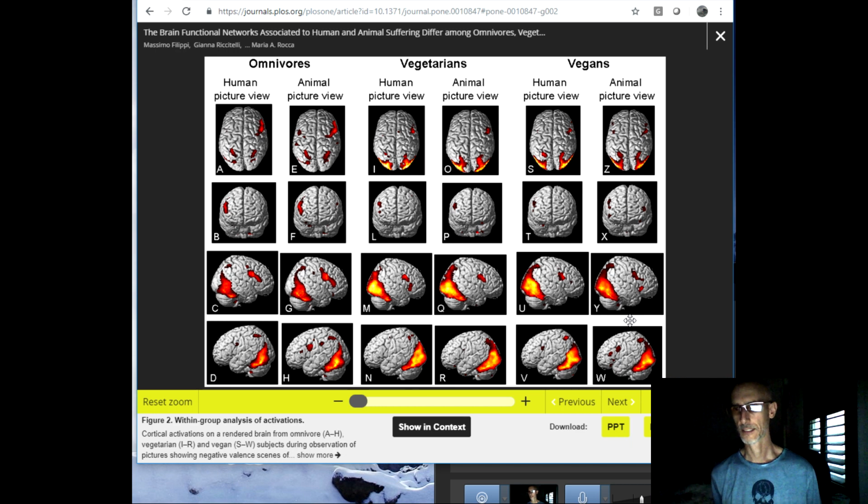You see that pretty much those areas that light up when humans are viewing other humans in distress and empathizing with them, because we're looking at areas associated with the empathy network, are roughly the same areas activated when animals are viewed as under distress. Except you see a lot more activity, indicating a lot more empathy among the vegans than the omnivores.